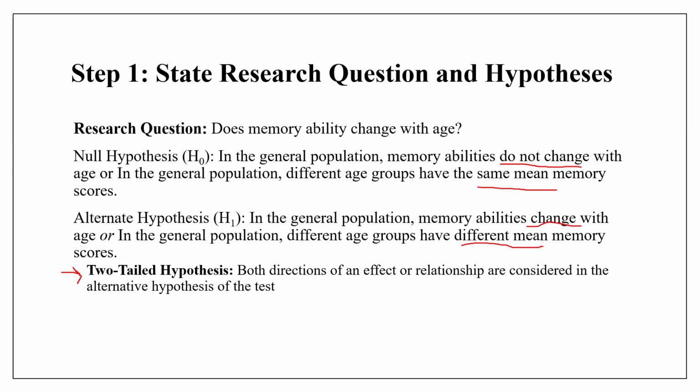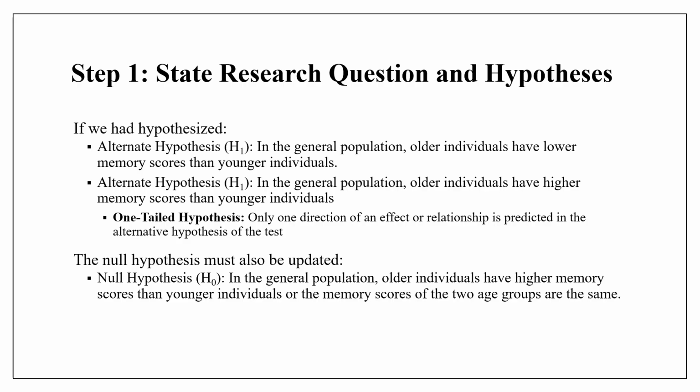So all we're saying is that, yes, there's going to be something happening, something different, or some kind of difference, but we don't say specifically what the difference is. If we had made a more specific hypothesis, like either one of the ones that we have here, so the first one says, in the general population, older individuals have lower memory scores than younger individuals.